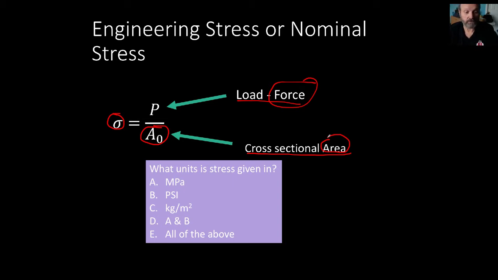Or E, is it all of those above? That means A, B, and C. So I want you to think about it a little bit. You can pause the video at this point, think about it, scratch your head, and pick an answer. And then now we're going to go to the next slide. So pause it if you want to think about it some more, or we'll just move on.